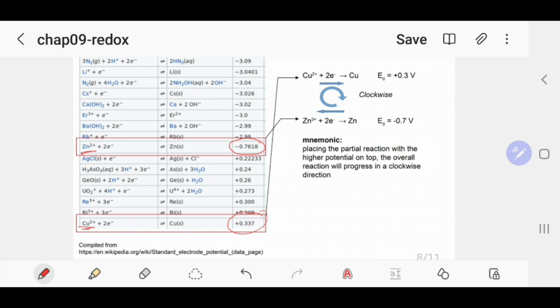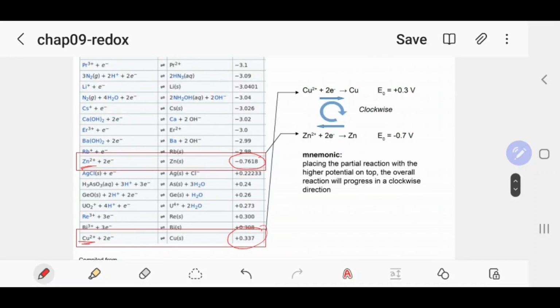So we put the higher voltage on top, the higher potential on top, which is the copper here. So the copper here, this is the reaction, of course, plus 2 electrons. The copper ion will capture 2 electrons and will give us the copper solid metal.